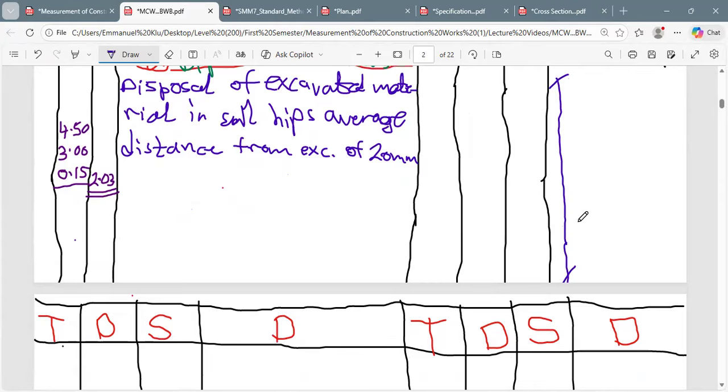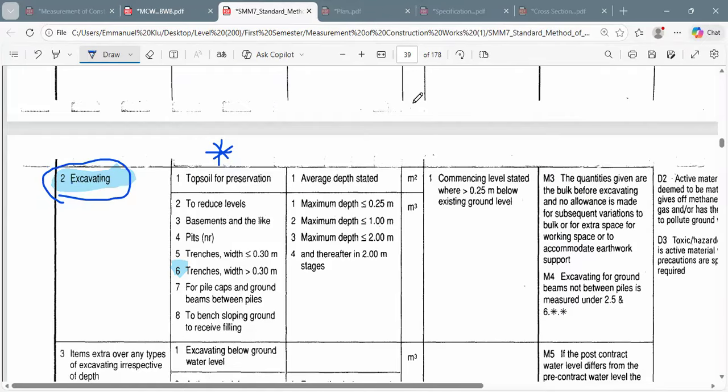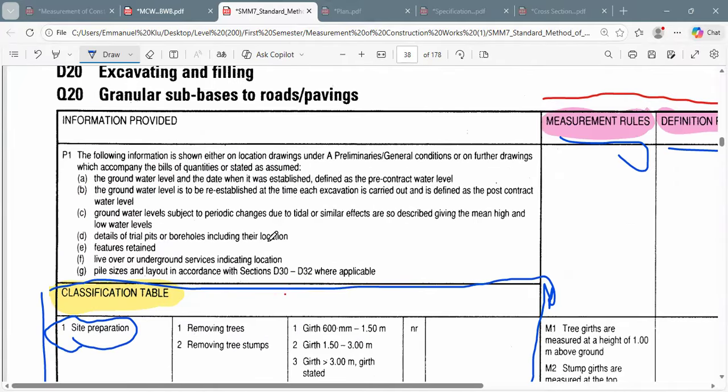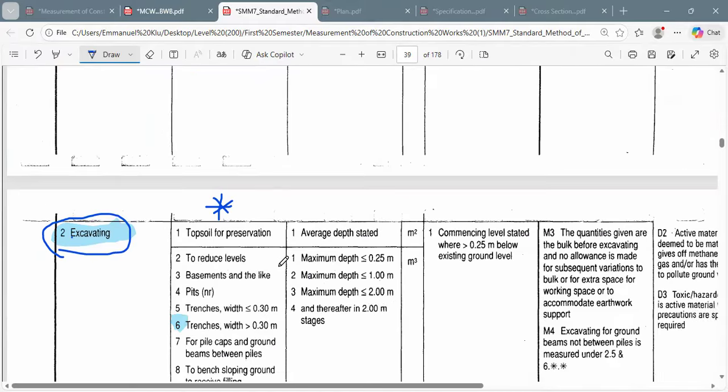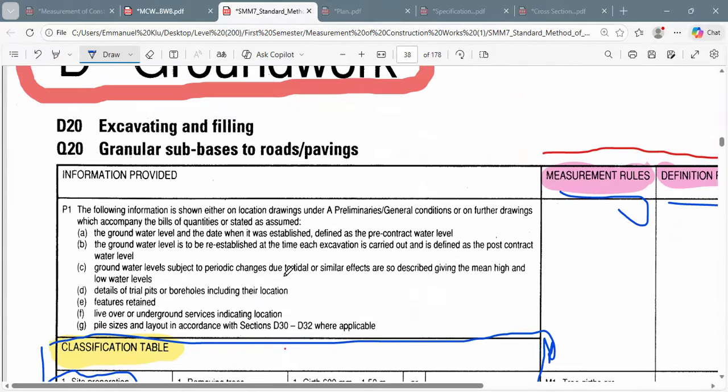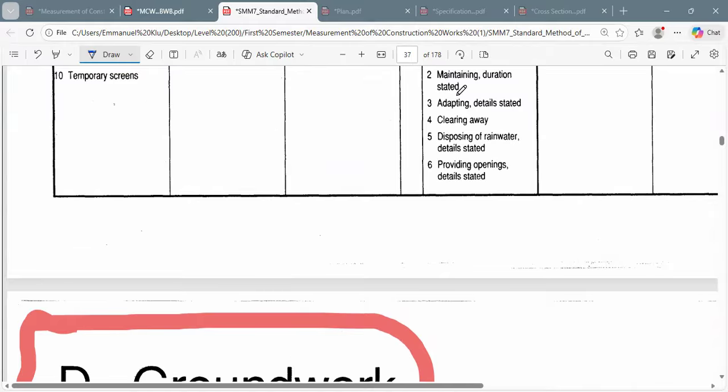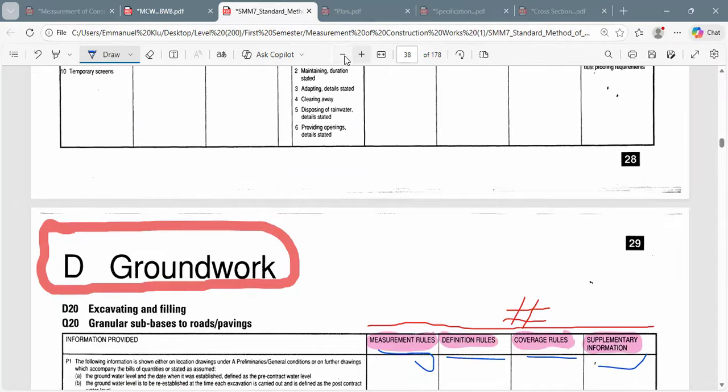We have to open the excavations. So let's go to the SMM7. So the excavation, as we are saying, is already here. You find it in D20, page 29, and once you're able to open it, that is it, page 29.